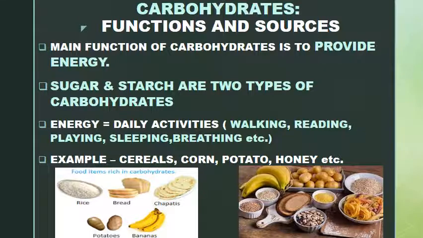Sugar and starch are two main types of carbohydrates. Some important sources of carbohydrates are cereals, fruits, potato, honey, banana, mango, and all sugary sweets.